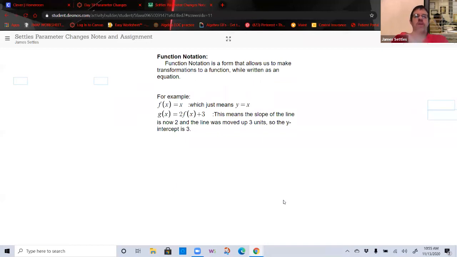And so the number in front of f of x is our slope, and the number after the f of x, that plus 3, is our y-intercept. So it's still kind of the exact same thing, but they write it in a really weird way, okay? So it sucks that it looks like that, but I think we can still handle this.